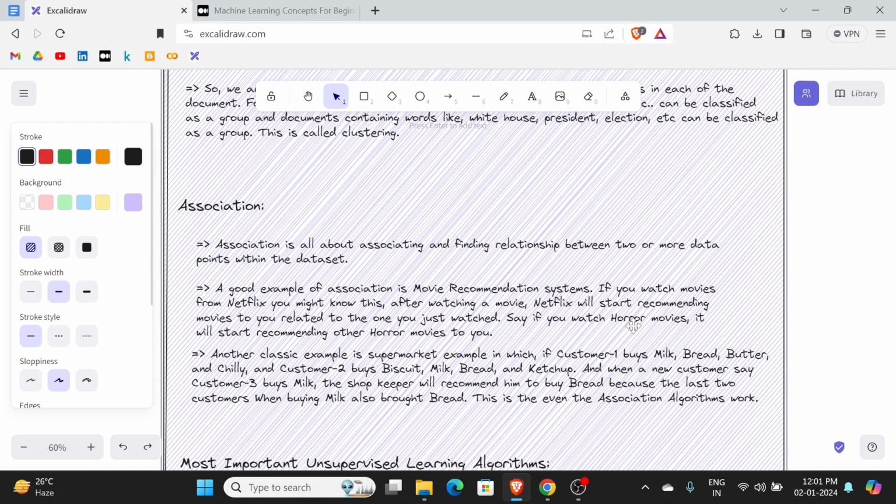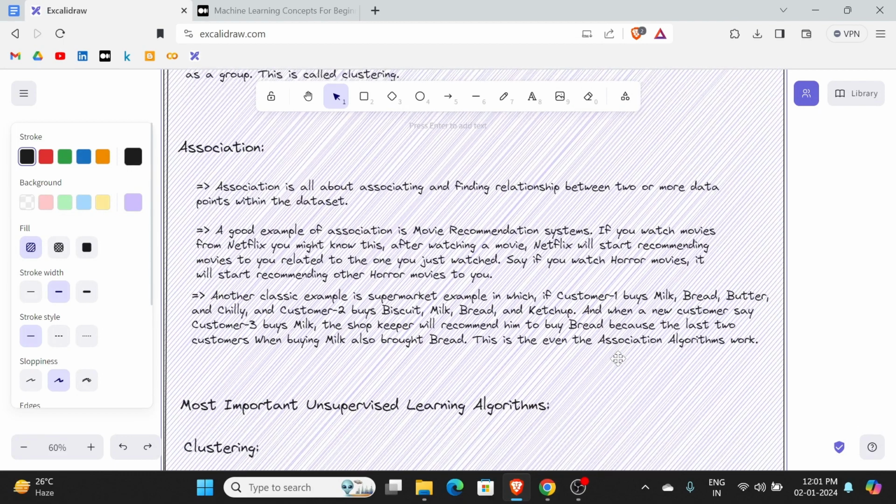Association is another part of unsupervised learning. The best example we can take for association is a movie recommendation system. Say a person is watching Avengers: Age of Ultron. After watching the movie, he switches it off, and tomorrow he goes to Netflix again.